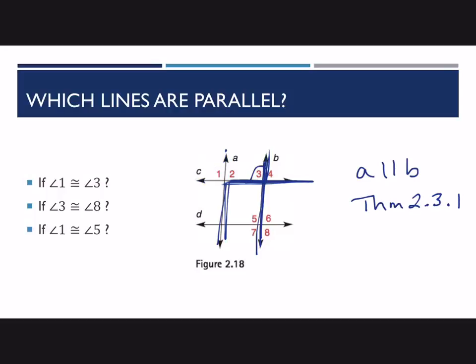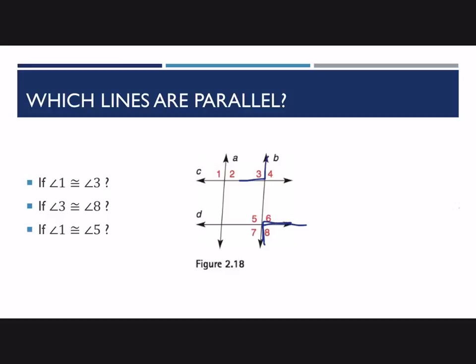What about if 3 and 8 are congruent? If 3 and 8 are congruent, trace out angles 3 and 8, and then just sketch and extend the rest of the lines that make those angles. And here you can see that the relevant lines are C, D, and B, and that A really doesn't have anything to do with those two angles.